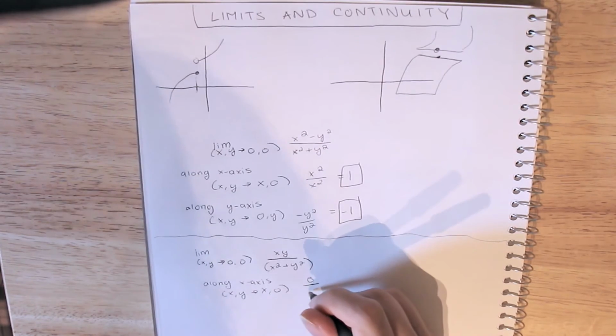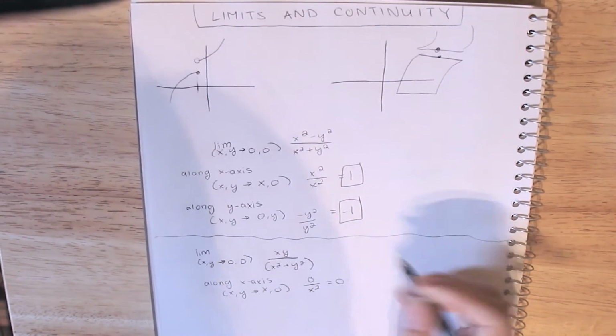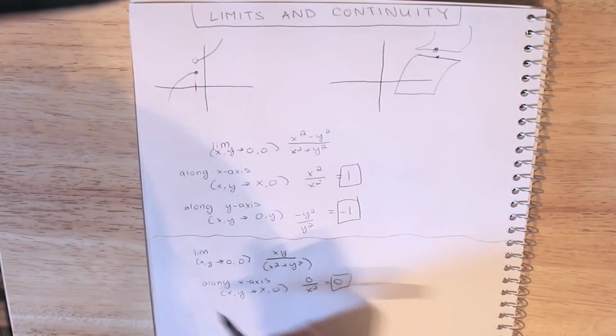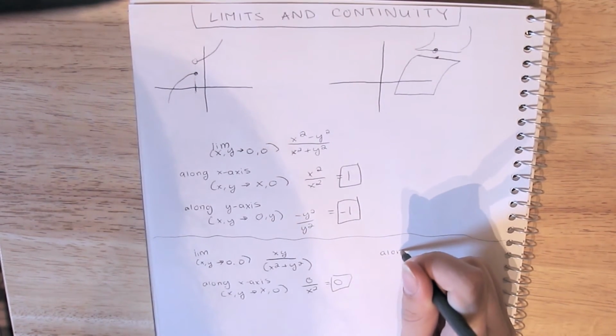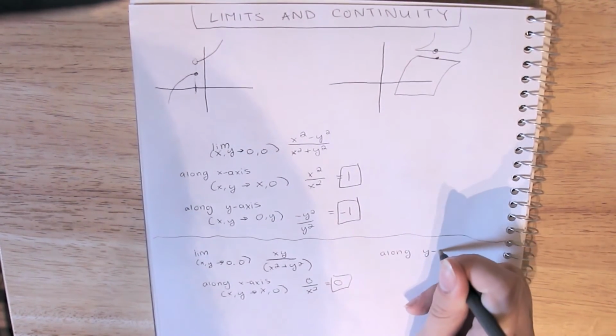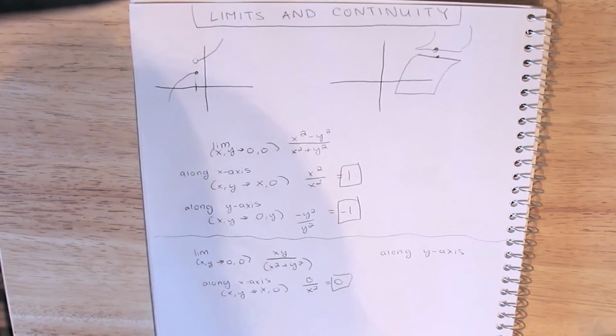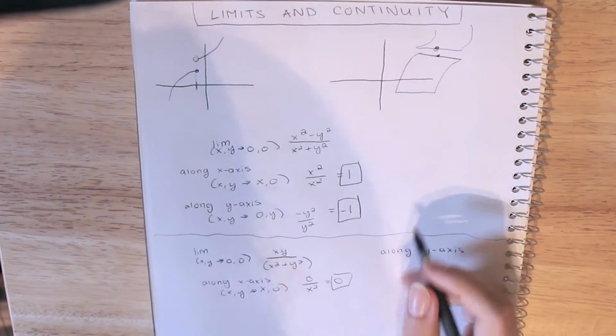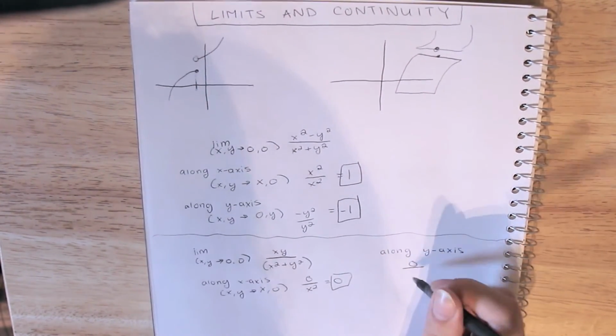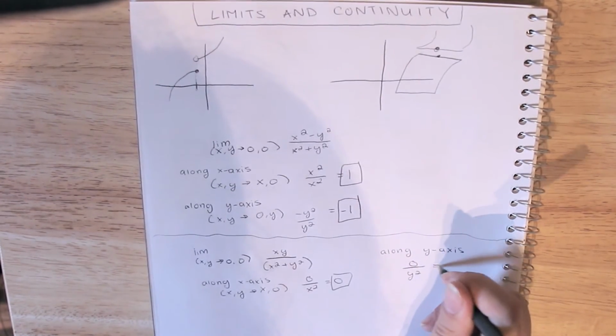So, well, 0 over x squared equals 0, so it approaches 0. What about along the y-axis? Just plug in 0 for all of the x's this time. So it's going to be 0 over y squared, which still equals 0.